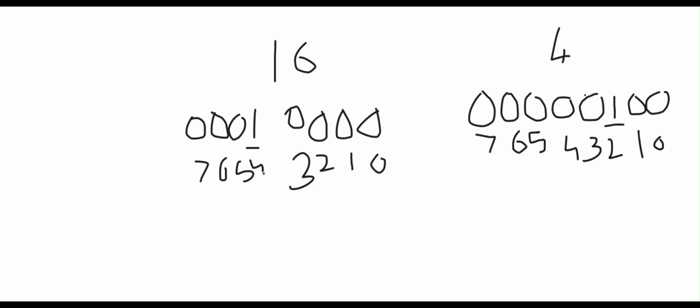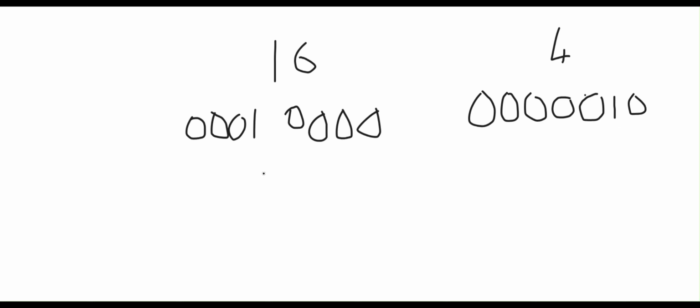So we are going to use these two properties to check whether the number is a power of 4 or not. How are we going to check that it has exactly one set bit and the set bit is at an even bit position?